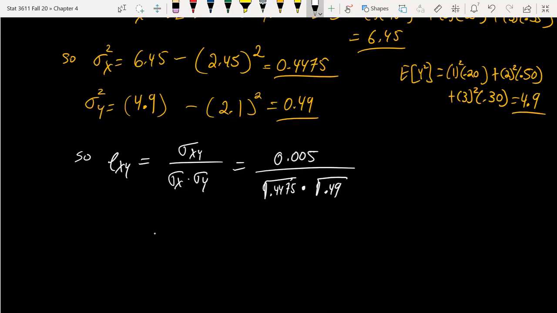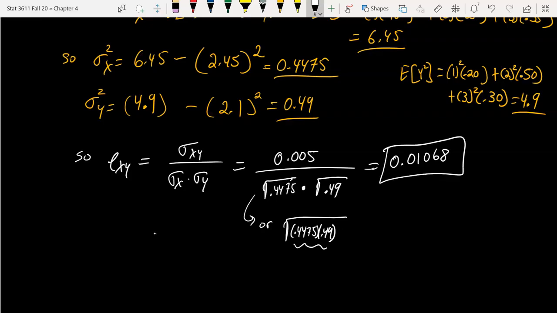The product of square roots is the same thing as the square root of the product, so in the denominator you can just have the square root of 0.4475 times 0.49. That may be nice in terms of putting it in a calculator. You just do this product, take the square root of that, then do 0.005 divided by that answer. And I've got this approximately rounded off to 0.01068.